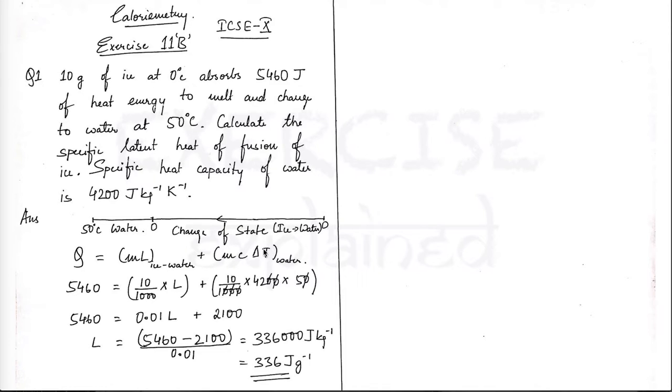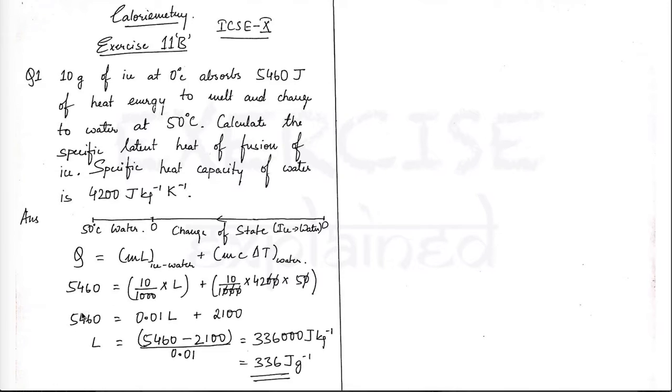So 50 is the delta T, that is change in temperature for water, because the water after being converted from ice gets heated till 50 degree Celsius. So delta T will be 50 minus 0, that is nothing but 50.